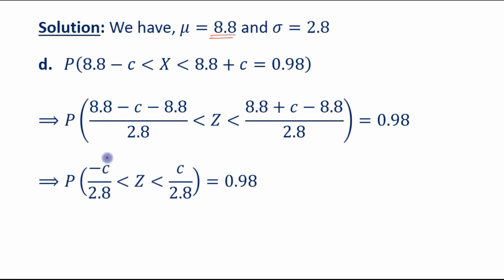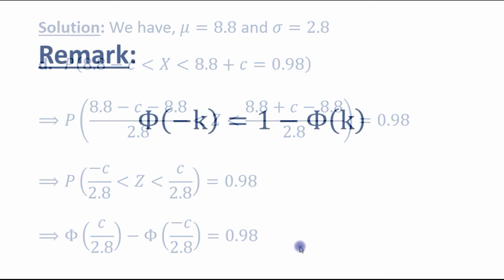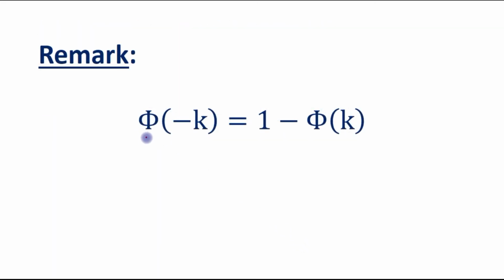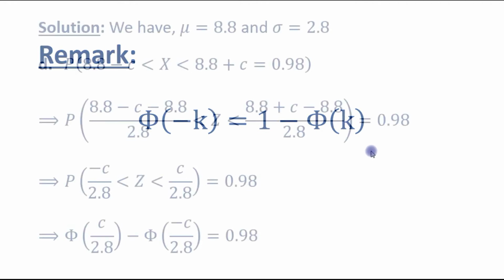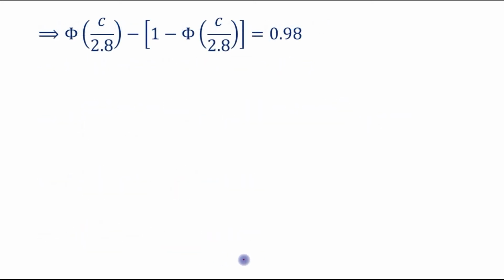This will become in this form, and it can be written as phi(c upon 2.8) minus phi(minus c upon 2.8) equals 0.98. Remark: phi(minus k) equals 1 minus phi(k). So basically this last step can be written in this form.